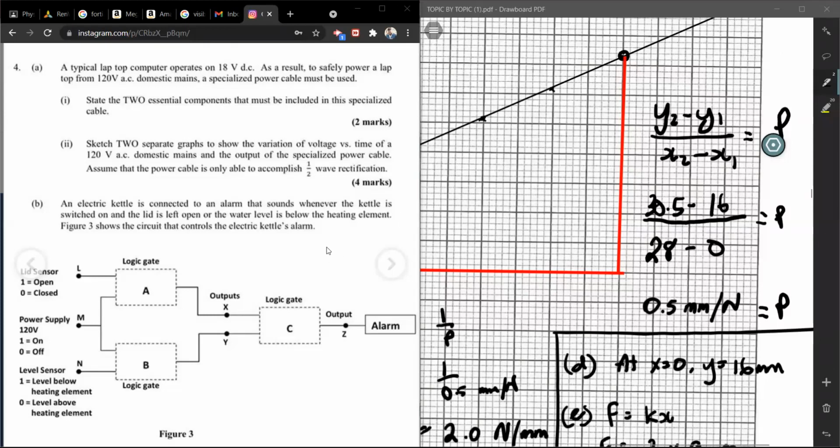All right. Contextual clues, guys. What device allows for half-wave rectification? Diode. There we go.